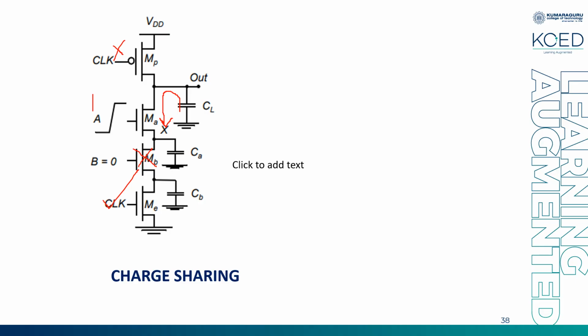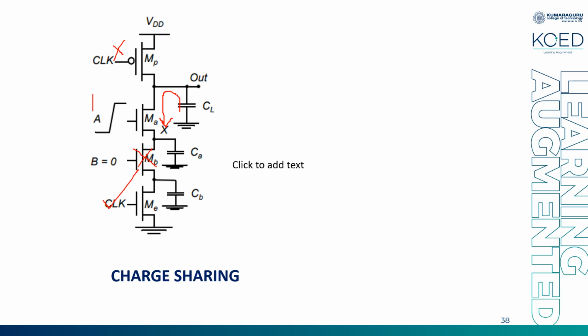Now suppose 2 volt has come across this and is getting stored in CA. Now charge is being shared between CL and CA. Your entire 5 volt cannot move and reach CA. The capacitance will be minimum compared to this one, which is a combined capacitance of all wiring, junction, and so on.